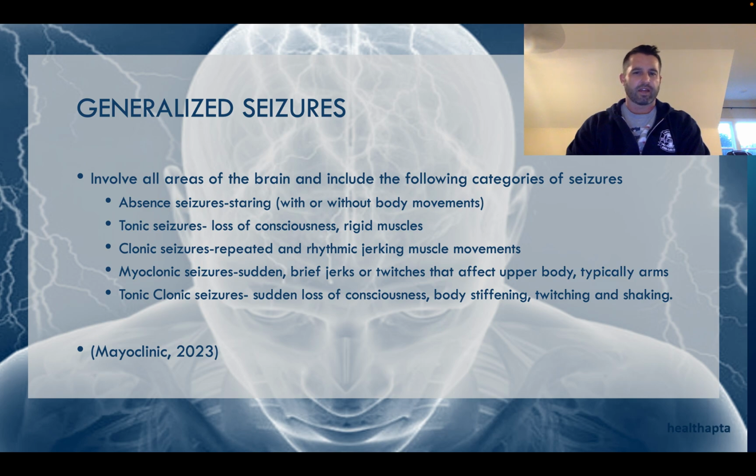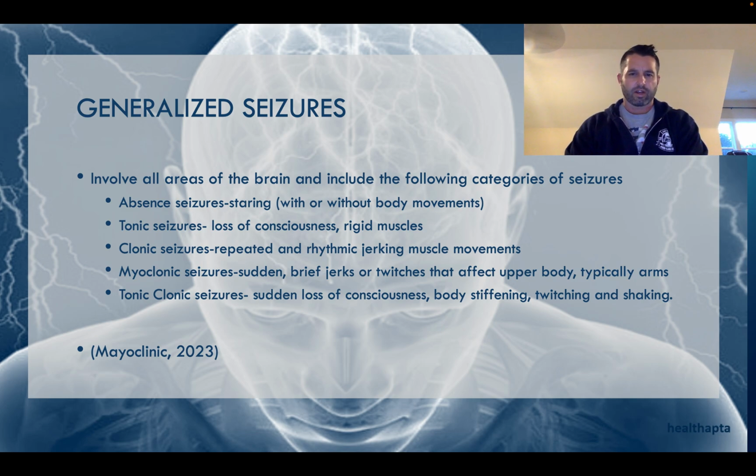And then when you have the tonic-clonic seizures, that's when you see the stiff body, also with the extremely violent shaking of a body part, all the body parts. The myoclonic seizures, this was something that I didn't really find too much information on, but it says it appears as a sudden brief jerk or twitch that usually affects the upper body, arms or legs.